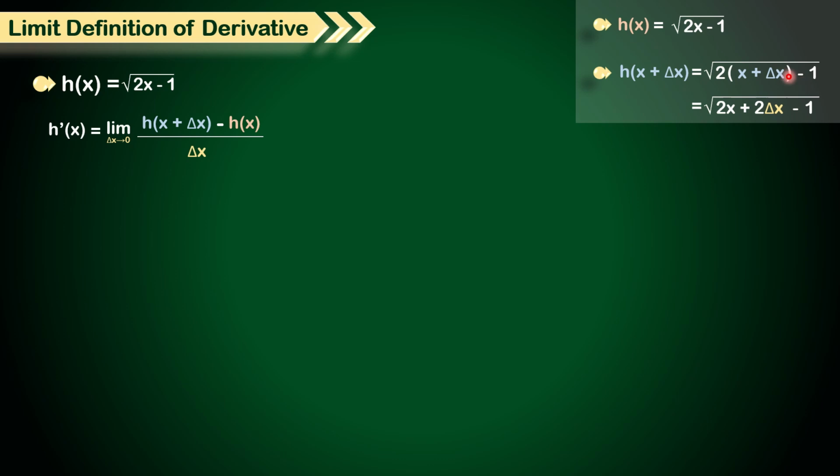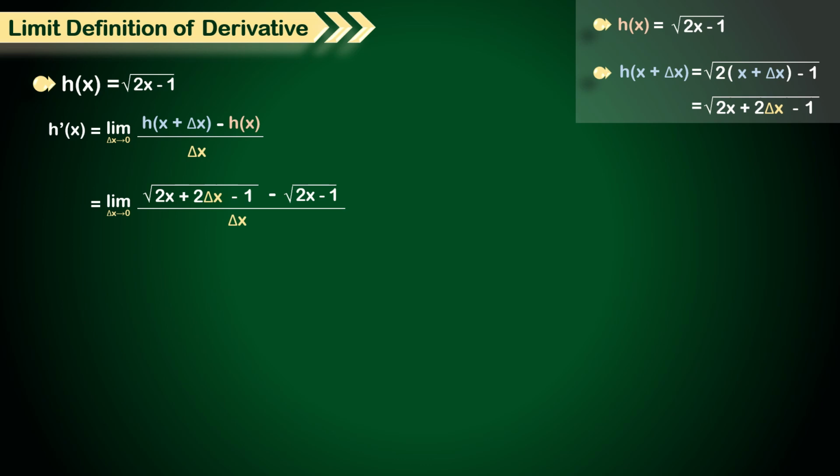Then substitute h of x plus delta x and h of x into the definition of the derivative. The limit of h of x plus delta x, which is the square root of 2x plus 2 delta x minus 1, subtract h of x, which is the square root of 2x minus 1, all over delta x as delta x approaches 0. Similar to the previous example, rationalize the numerator.